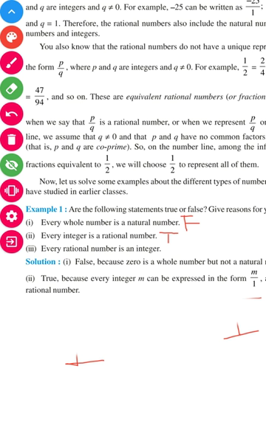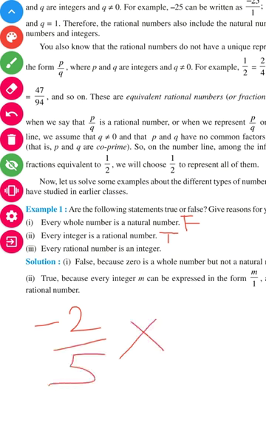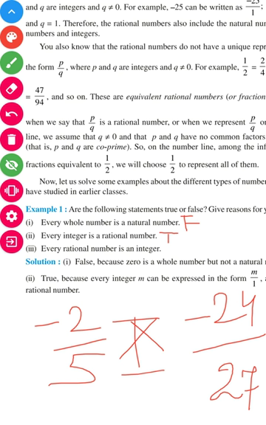For example, minus 2 over 5 is a rational number but not an integer. Even minus 24 over 27 is a rational number but not an integer. We can also take it in positive.